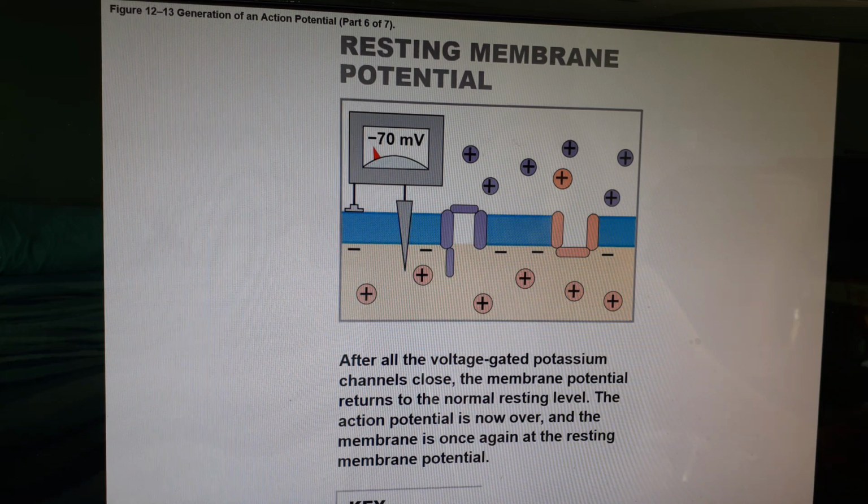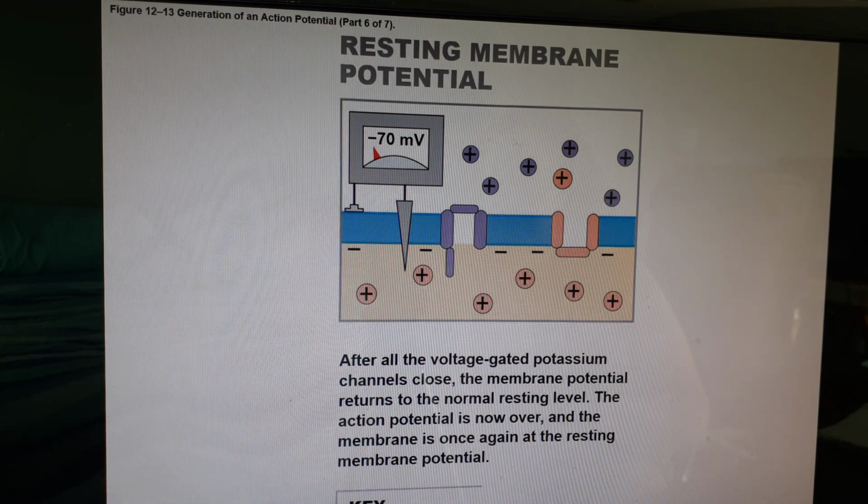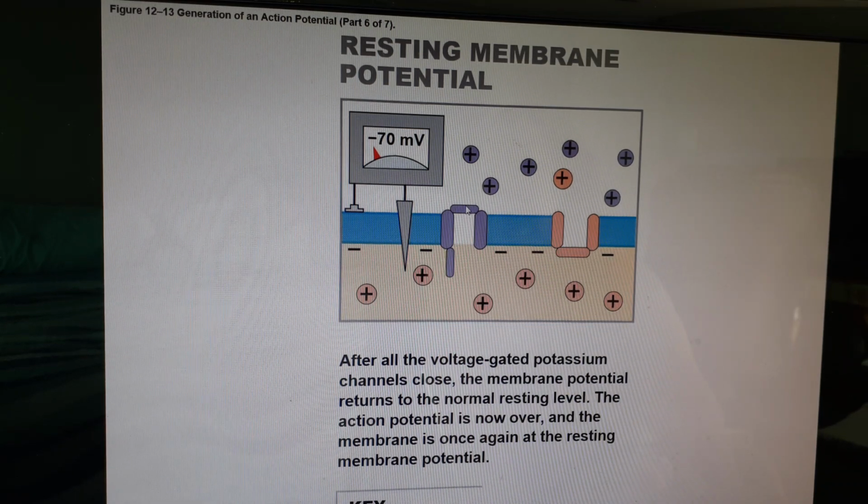Okay. So just to summarize, before we're stimulated, we're at negative 70. The first stimulation will happen. It will send a ligand, a neurotransmitter, and that will open up ligand-gated sodium channels. Sodium goes in. That will get us from negative 70 to negative 60, right? And then at negative 60, we'll open up this sodium voltage-gated channel.